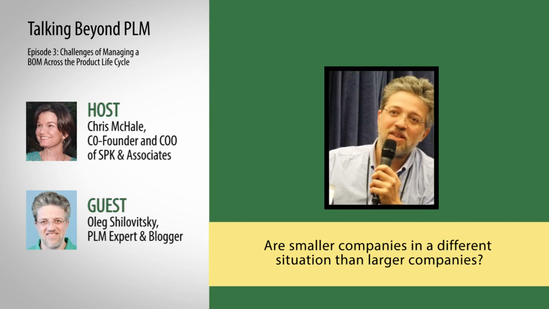I think for smaller companies, the situation is not different from large companies because of the same problem that we discussed last time about the complexity of products. Smaller companies also have complex products that come with complicated bill of material requirements.